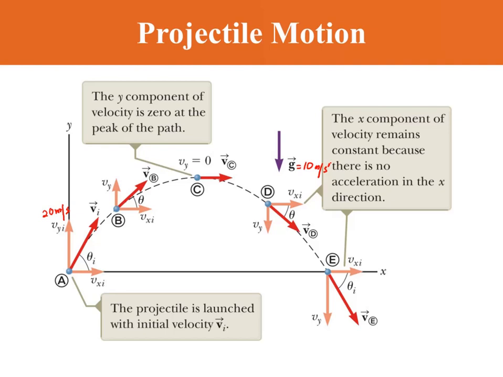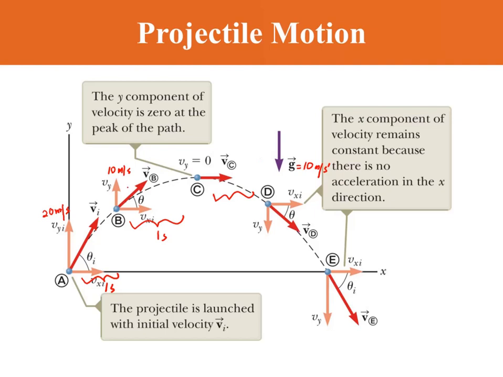So by having gravity of 10 meters per second downward, after 1 second, Vy becomes 10 meters per second, from 20. And after another 1 second, Vy becomes 0.